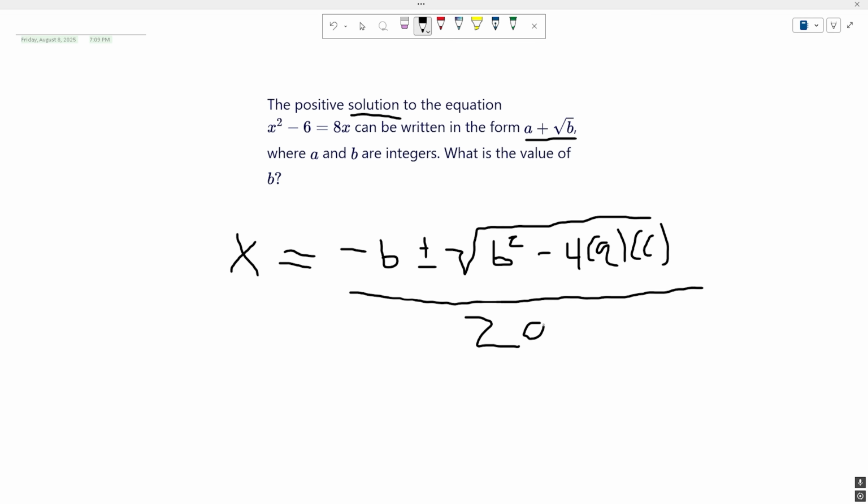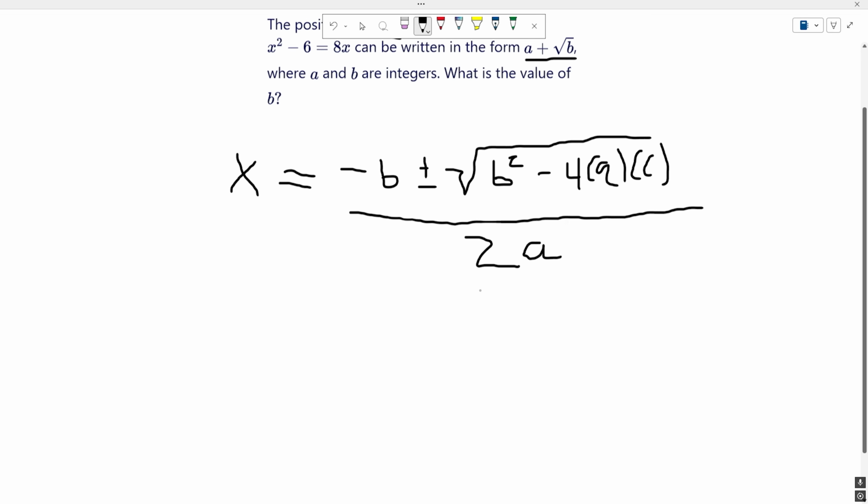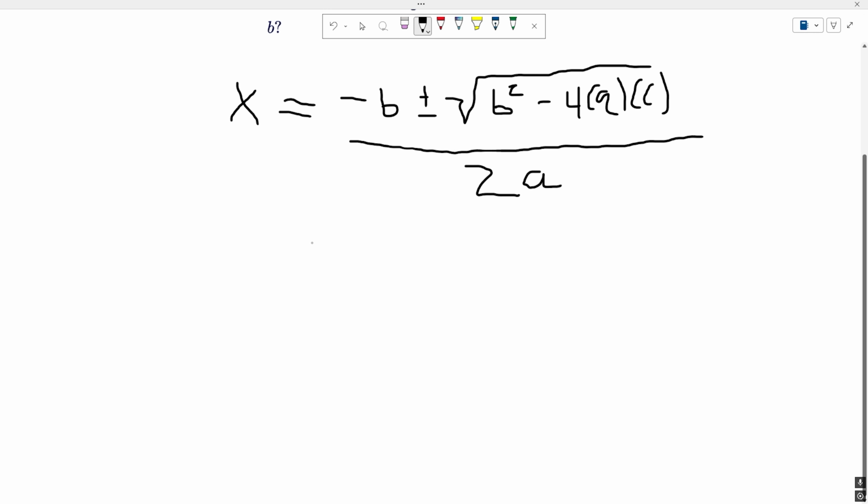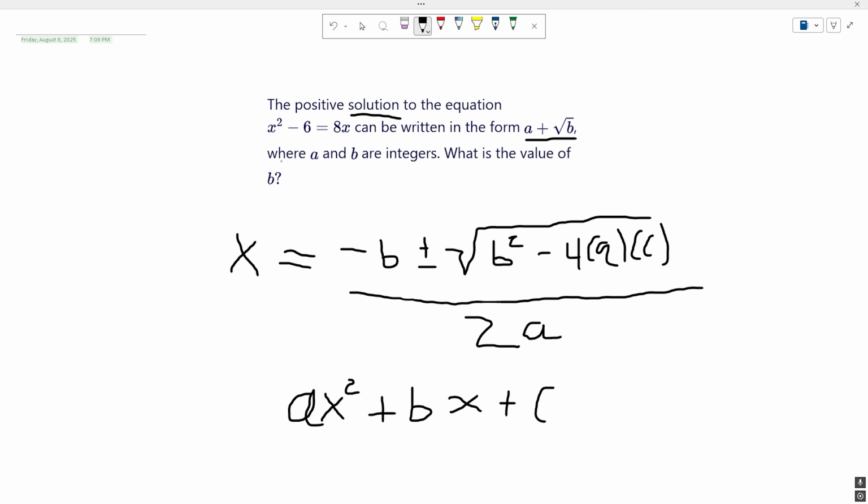Now, what are these a's, these b's, these c's? Well, our quadratic standard form is ax squared plus bx plus c, where a is the coefficient of x squared. So if we look at the equation we're given, we have x squared minus 6 equals 8x.